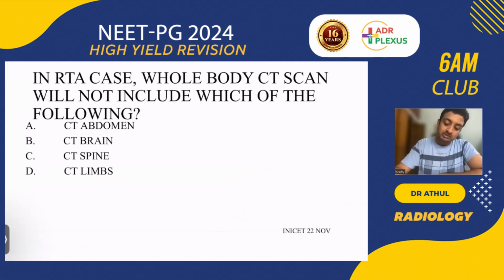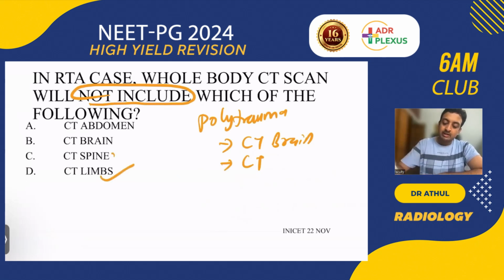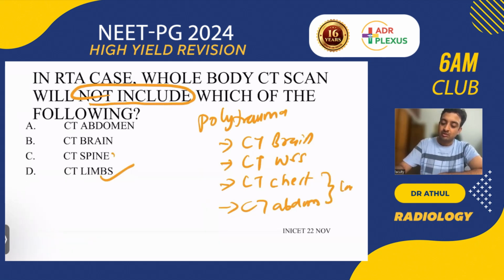After a whole body CT was done, which of the following will not be included? When you are taking a polytrauma protocol, you will have to take CT brain. You know, brain is very important. Any brain injury can result in brain death. So limbs will not be included. Excellent. So you have to take CT whole spine. Then you have to take CT chest and CT abdomen, preferably both with contrast.